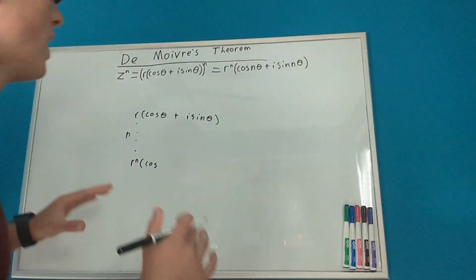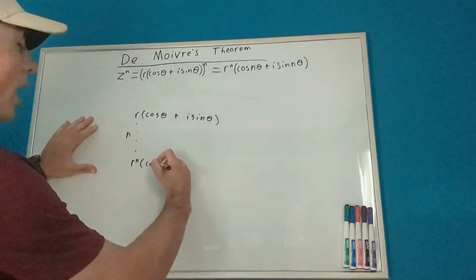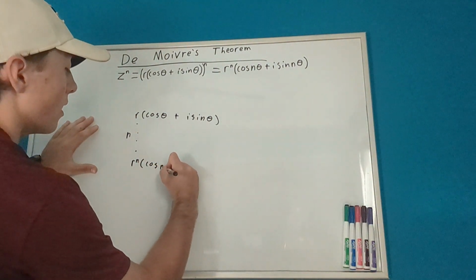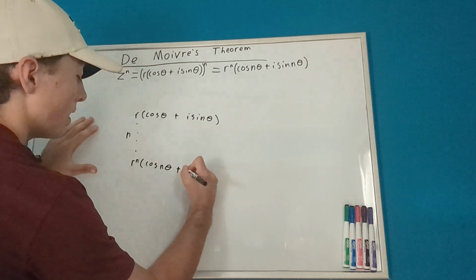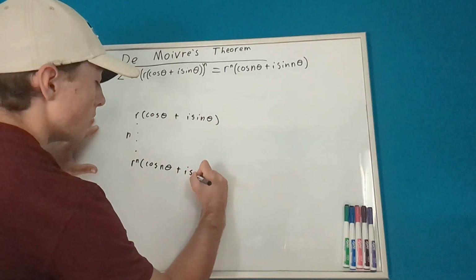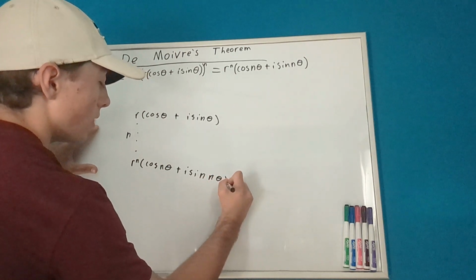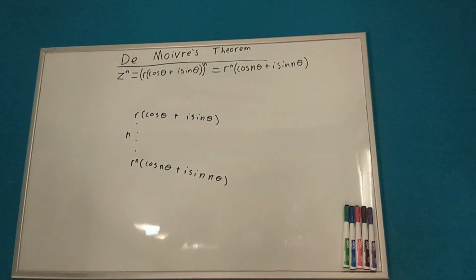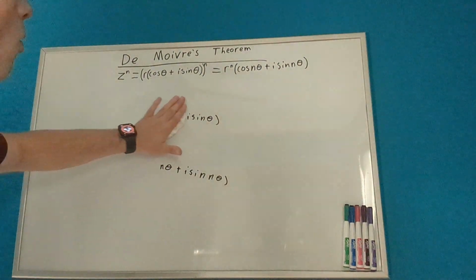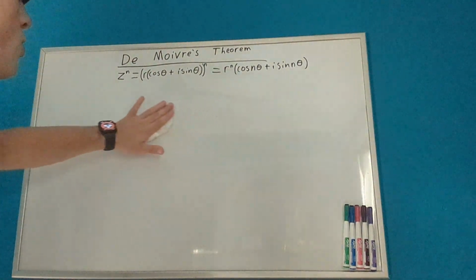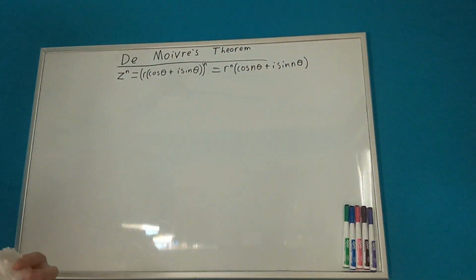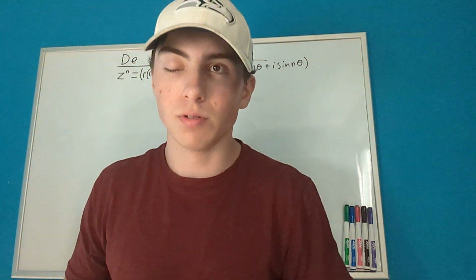So we can say this is n theta, and the same for sine, we have n theta. So that's a good way to understand why this actually works if you know how to multiply complex numbers. But let's take a look at the actual usage of it.